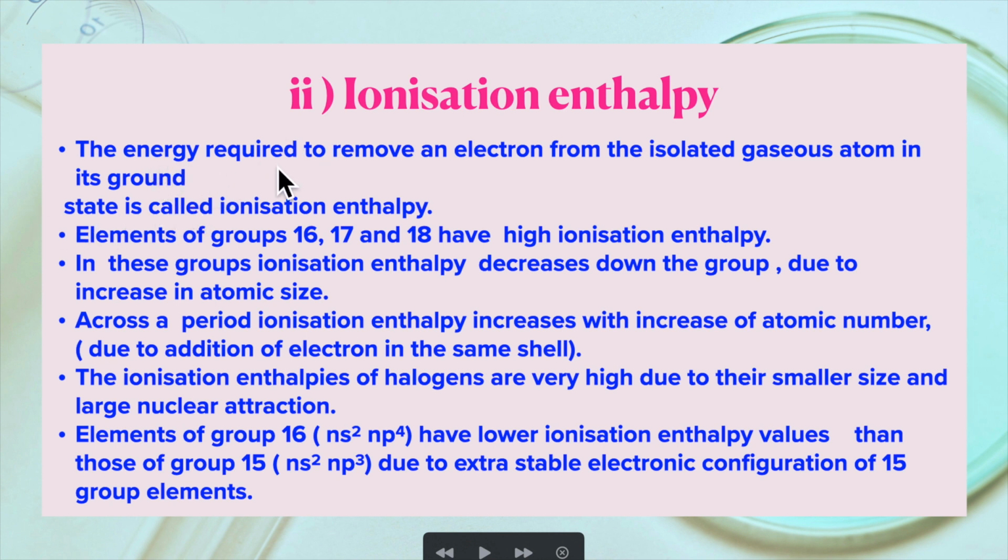Which electron is removed? That electron must be in the outermost shell. The energy required to remove an electron from the outermost shell of an isolated gaseous atom in its ground state is called ionization enthalpy.